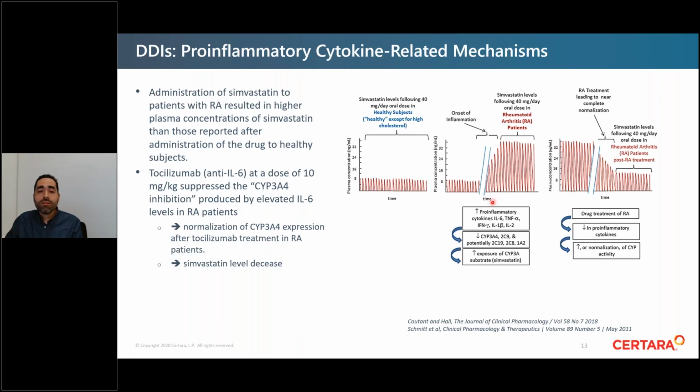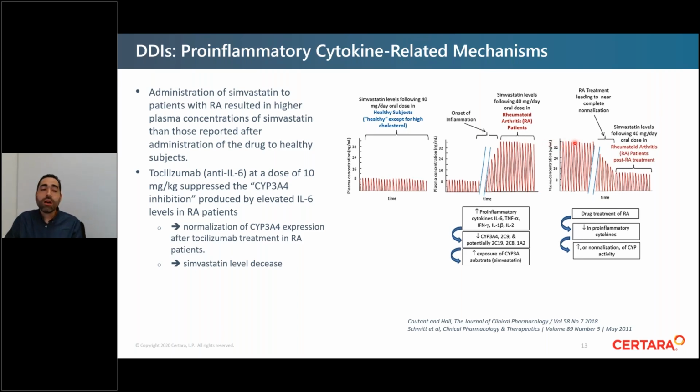In this case, the inflammation will result in an increase of the pro-inflammatory cytokines, resulting in a decrease in the CYP expression and activity, and this will result in an increase of the CYP3A substrate, which is simvastatin. As you can see here, the simvastatin level will increase significantly when there is this inflammatory disease.